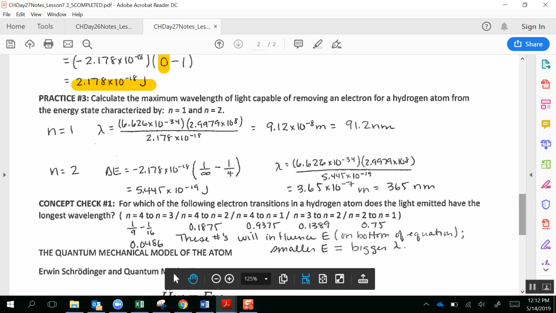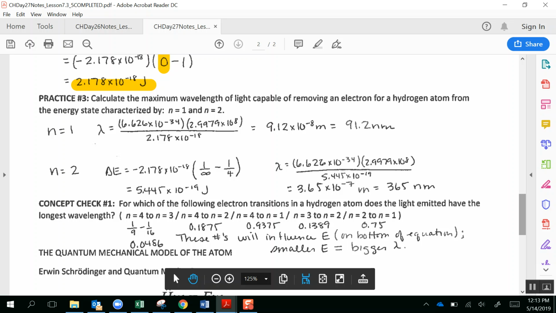Calculate the maximum wavelength of light capable of removing an electron from a hydrogen atom from the energy states characterized by n equals 1 and n equals 2. We just calculated n equals 1 up above, because we got 2.178 times 10 to the negative 18th.